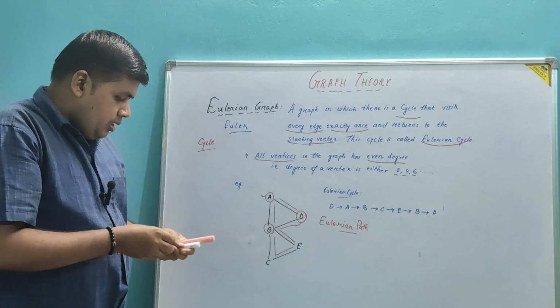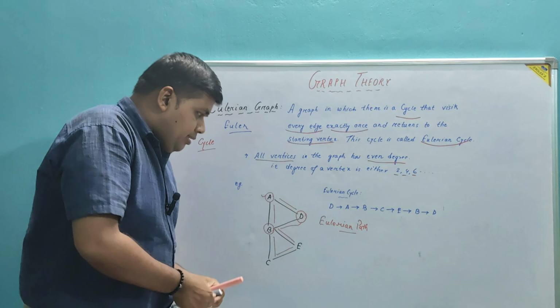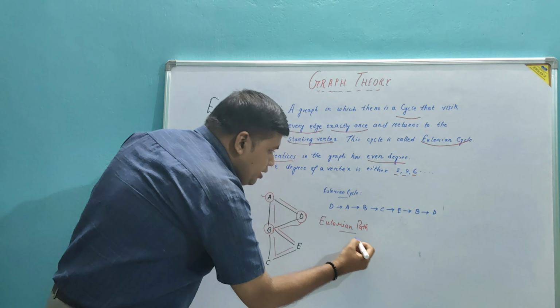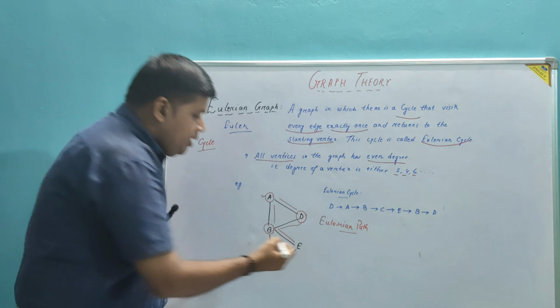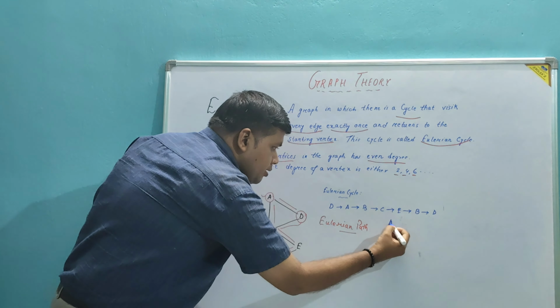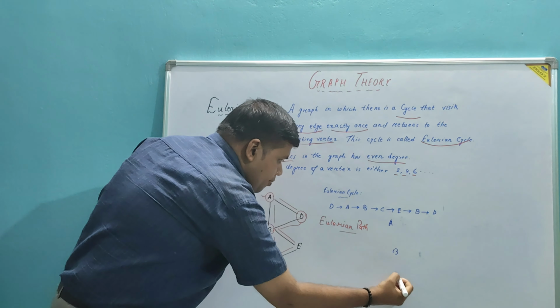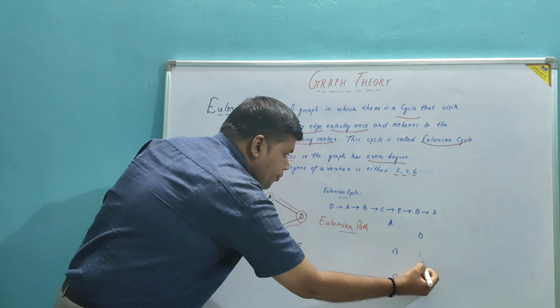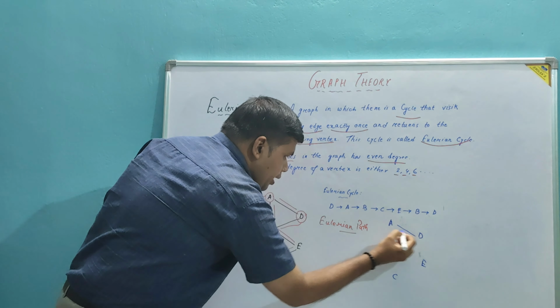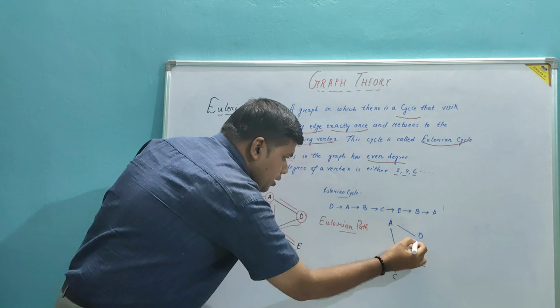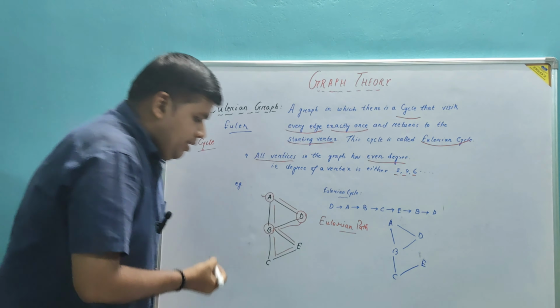Now let's take another example of a graph which is having Eulerian path. Say A, B, C, D, E, and we are having a graph like this.